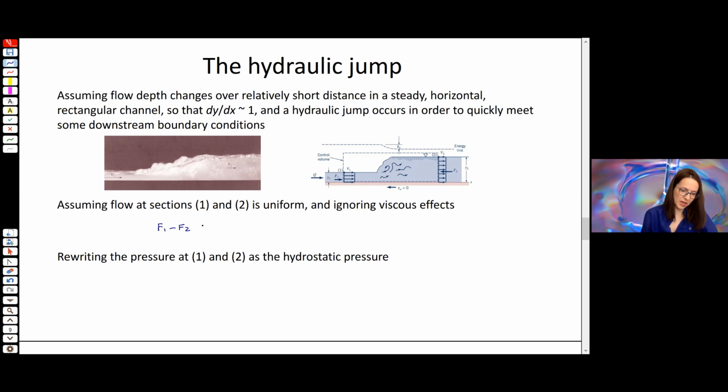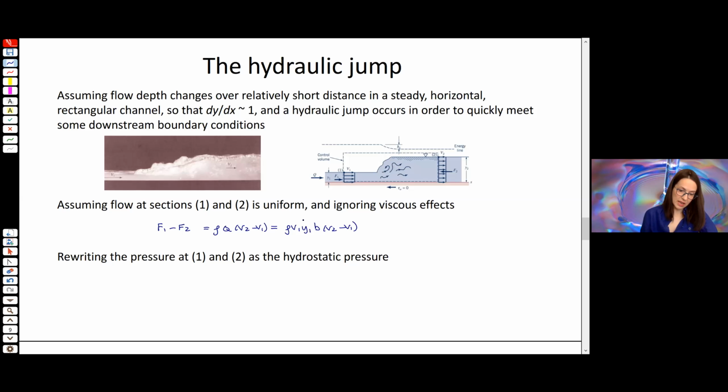F1 minus F2 is equal to rho Q (V2 minus V1). That's the flux of linear momentum through the control surface, which equals rho V1 Y1 (V2 minus V1), just rewriting Q in terms of the upstream cross-sectional area and uniform velocity.